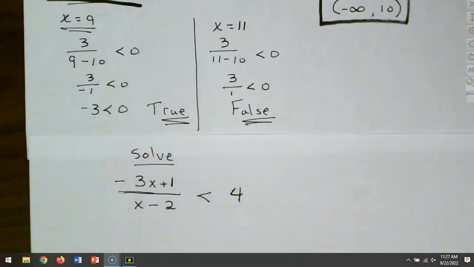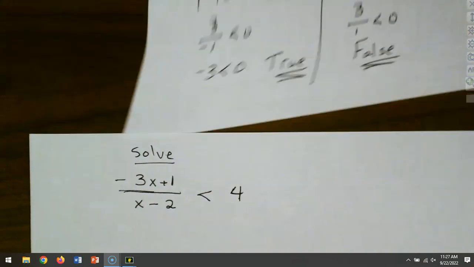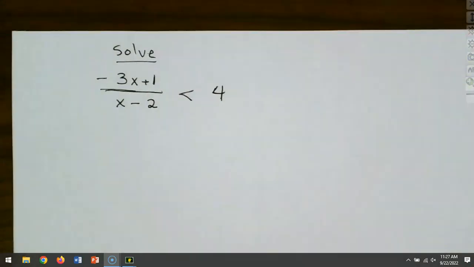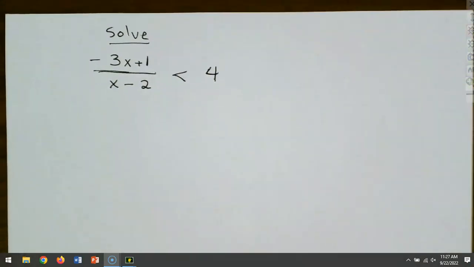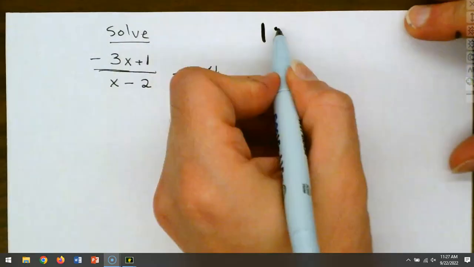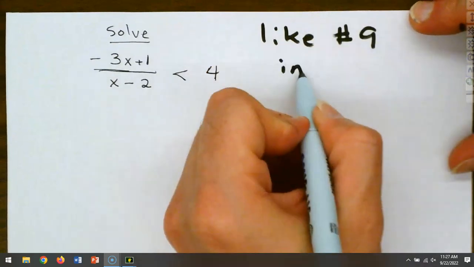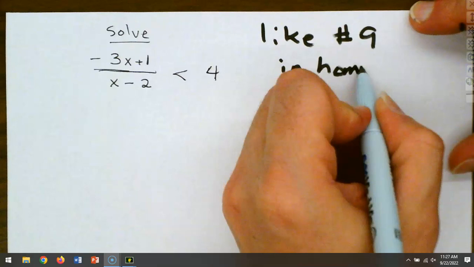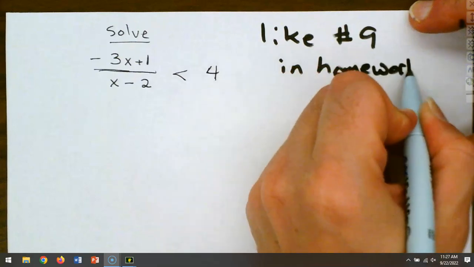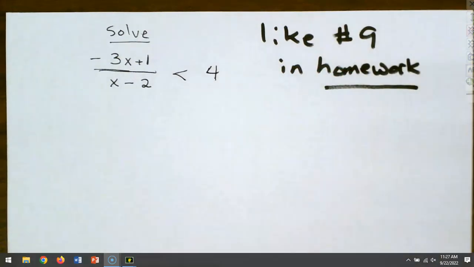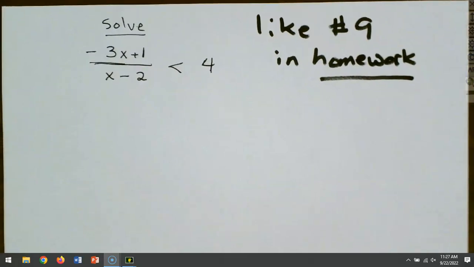So we're going to try and solve this one now. And this is going to be like homework question number 9. Okay, so this is going to be very, very similar to question number 9 in your homework.